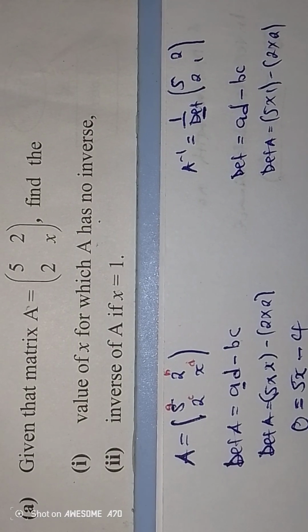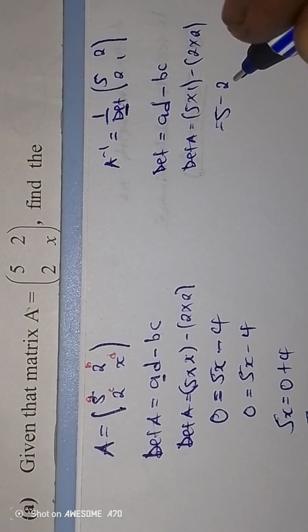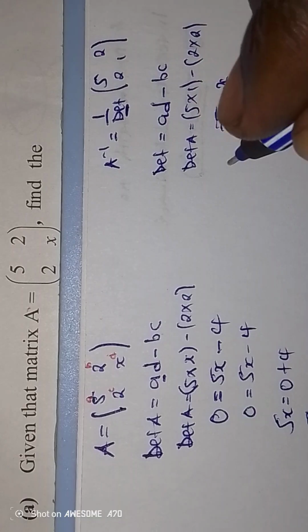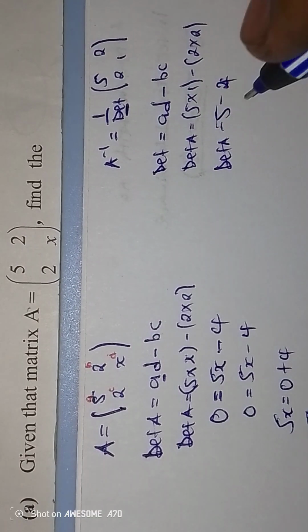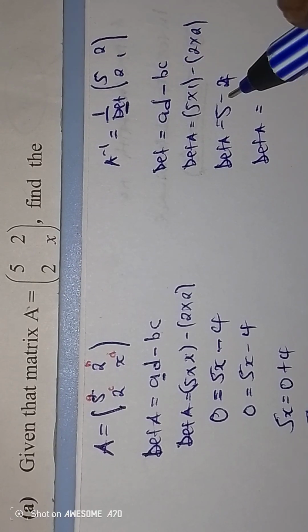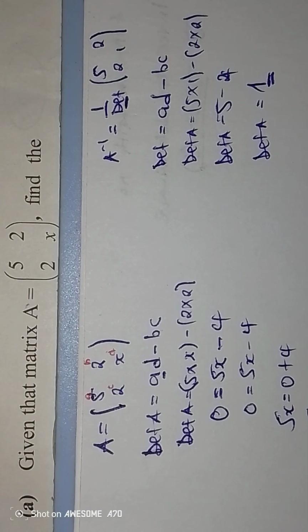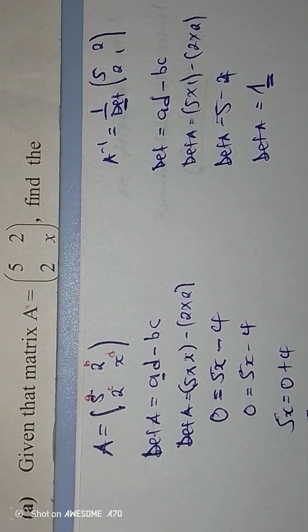What is 5 times 1? We have 5 minus 4. So determinant of A is equal to, what is 5 minus 4? We have a 1. That is our determinant for A.